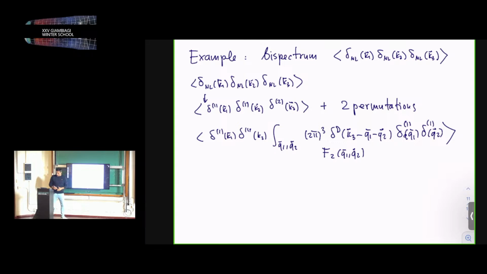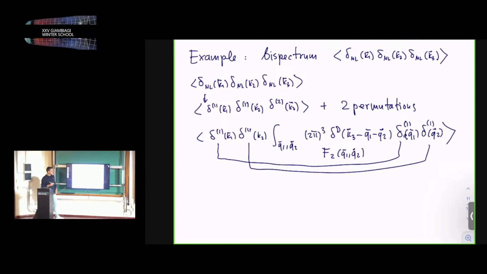The other Wick contractions are when we contract some of these deltas here with those fields outside. Okay? So for example, one possible choice is to contract this one with this guy here, and this one with this one here. Or the other option is the other way around. So these are the only two possibilities. And it turns out that these two possibilities are going to give you an identical answer. Okay?